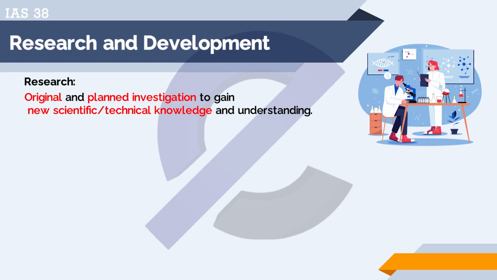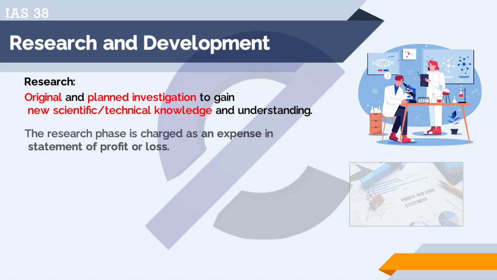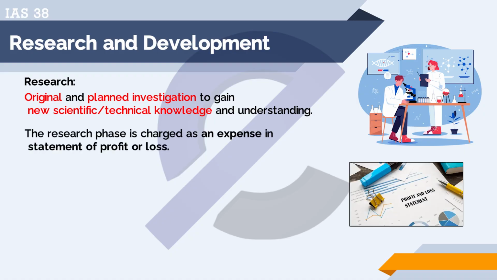If you are talking about an original and planned investigation, it has to be to find out something new, a new solution to a particular problem. Any such expense incurred by a company is going to be called research expense. If a particular expense meets this definition set out by IAS 38, then its accounting treatment is that all research expense is immediately charged as expense in the statement of profit or loss.